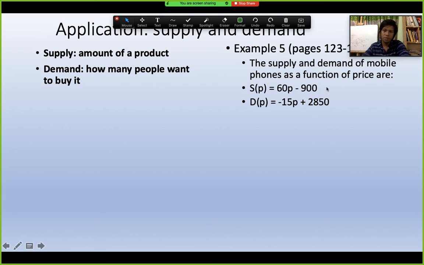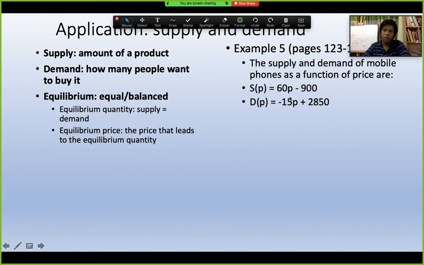Now if we ask a question like at what price this will be in equilibrium. Equilibrium means in the market the supply and demand have to be the same, then it is called equilibrium. Equilibrium means equal.